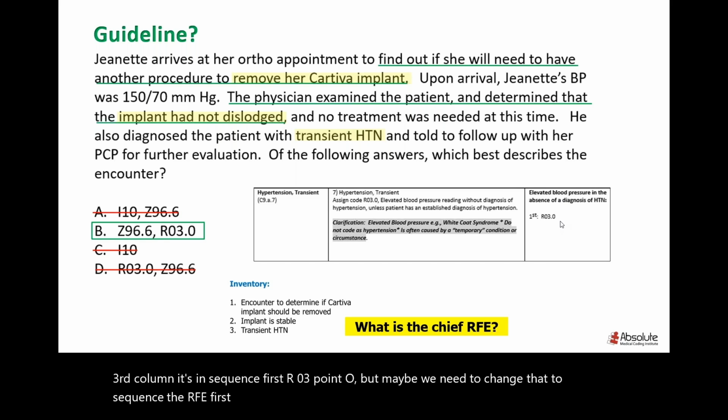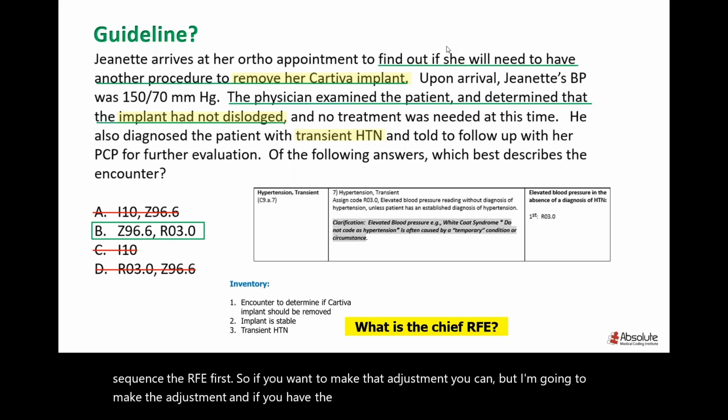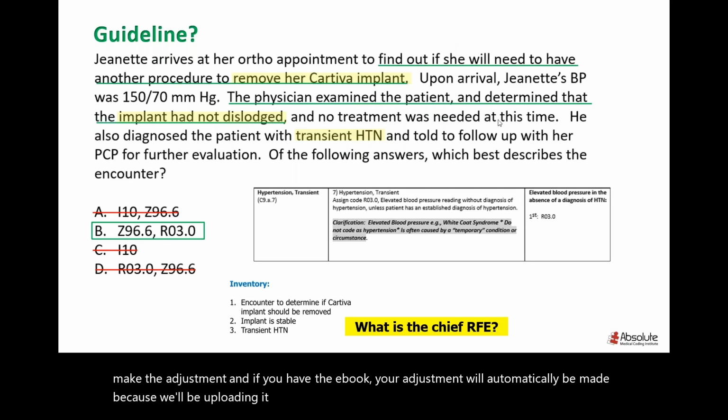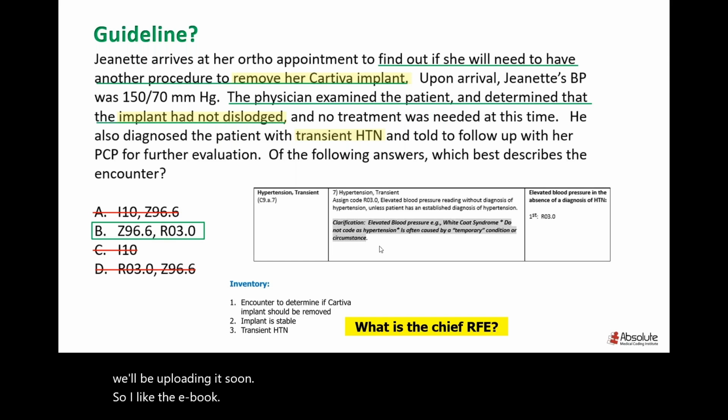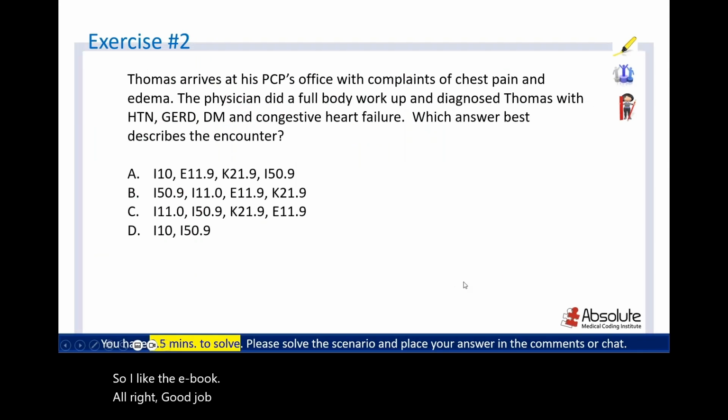So if you want to make that adjustment, you can, but I'm going to make the adjustment. And if you have the ebook, your adjustment will automatically be made because we'll be uploading it soon. So I like the ebook. All right, good job. Let's continue.